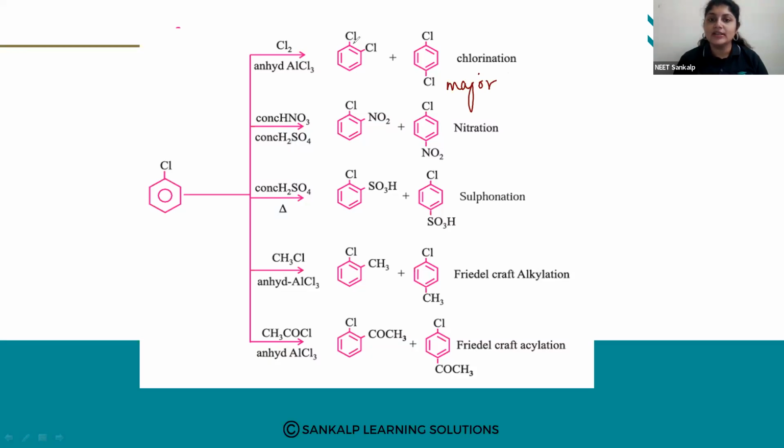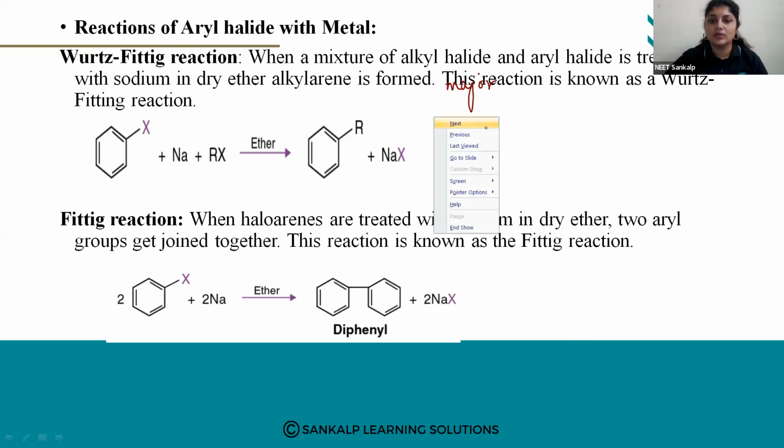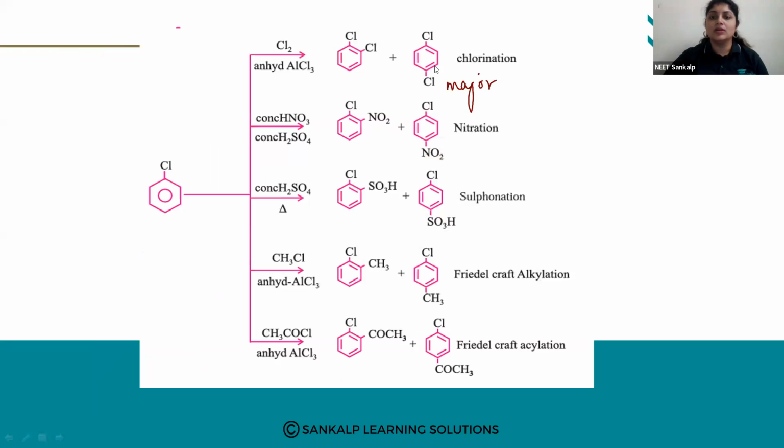Because of steric hindrance, the ortho is very difficult, so it will be the minor product. So this is the major product and this is minor.